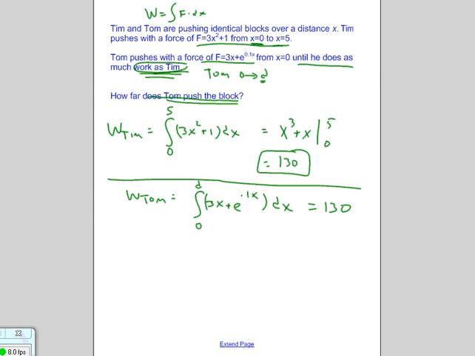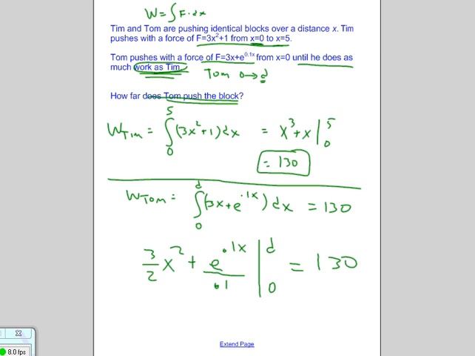Well, let's solve this definite integral, and we're going to get 3 over 2 x squared plus e to the 0.1x over 0.1, and that's evaluated from 0 to d, and this has to equal 130.